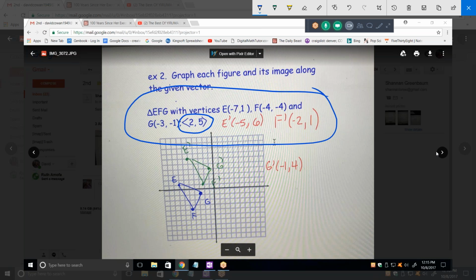What does the 2, 5 mean as a vector? What are we going to do to this triangle? Go in order as you read.